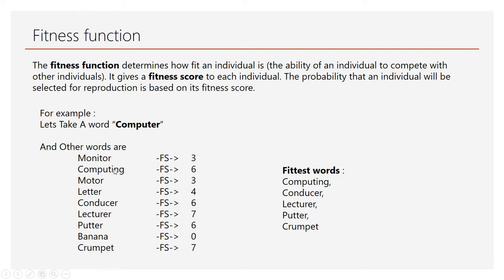In computing it is 6, motor is 3, letter is 4, conducer is 6, lecturer is 7, putter is 6 because 6 of the letters match the word computer, and banana is 0.